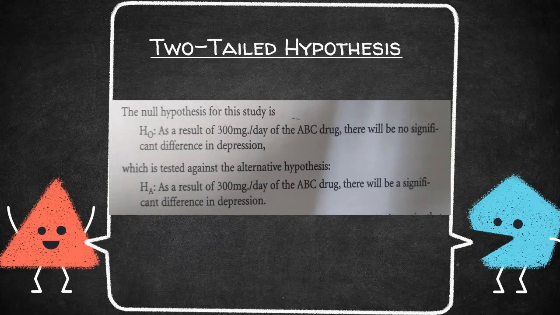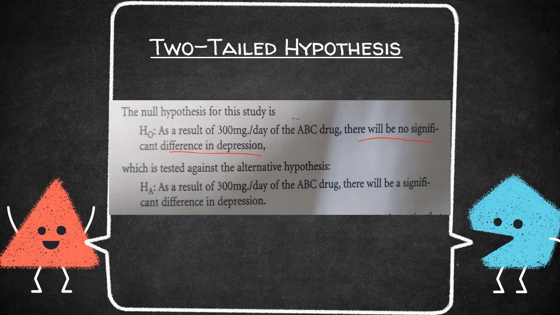Let's look at this. The null hypothesis for a study, let's say a drug is being discovered, or trials are going on: as a result of 300 milligram per day of the ABC drug, there will be no significant difference in depression.